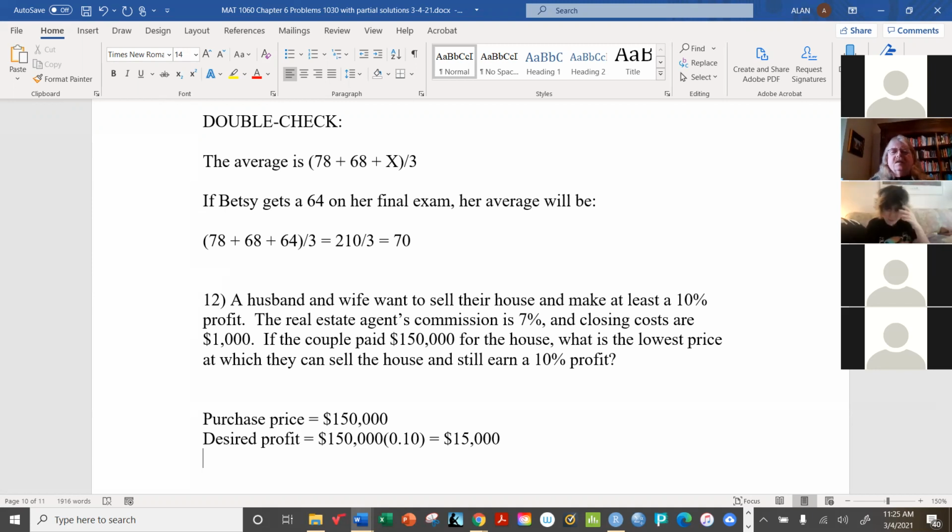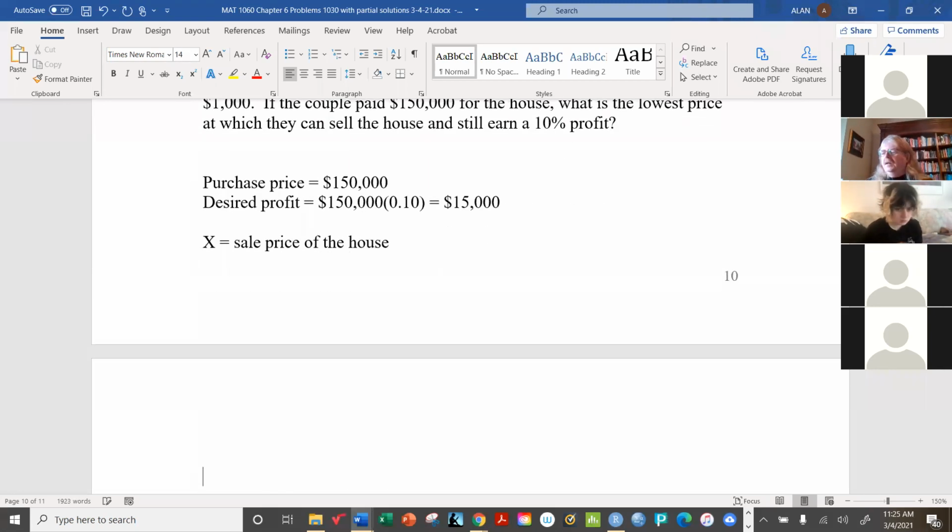What else do we know though? So the cost, there's a real estate commission. Now, what we're going to do is let X equal the sale price of the house. Okay, now that's important because the sale price is what determines the commission charged by the real estate agent.